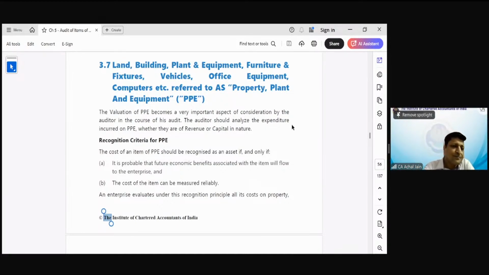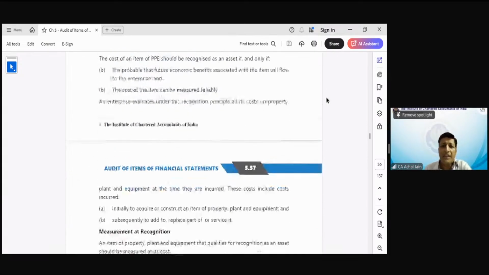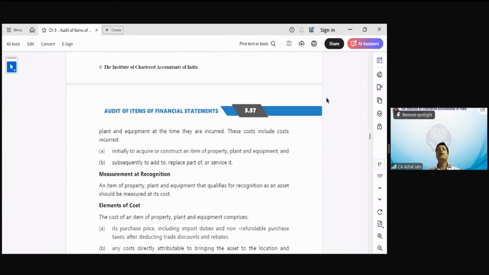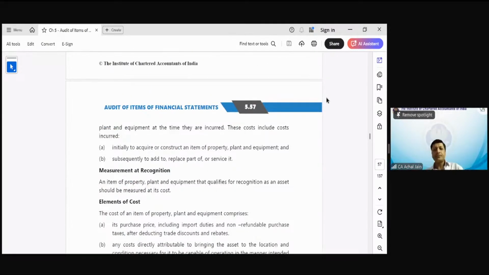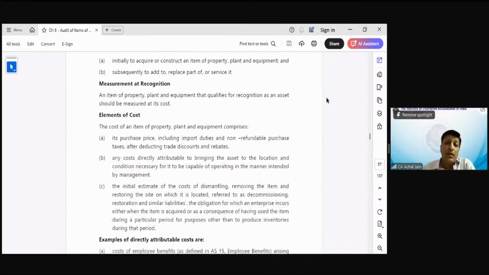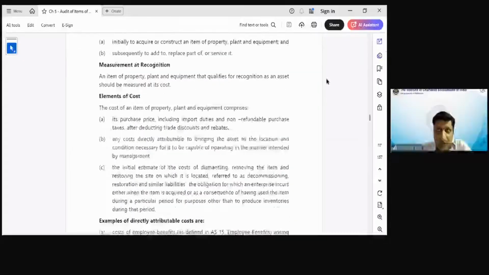We'll quickly flip through those points and then we'll design the audit procedures around that. Now, you will recognize PPE once the definition of PPE is looked at and met. As regards PPE, it is always required to be measured at cost. That's something we understand.